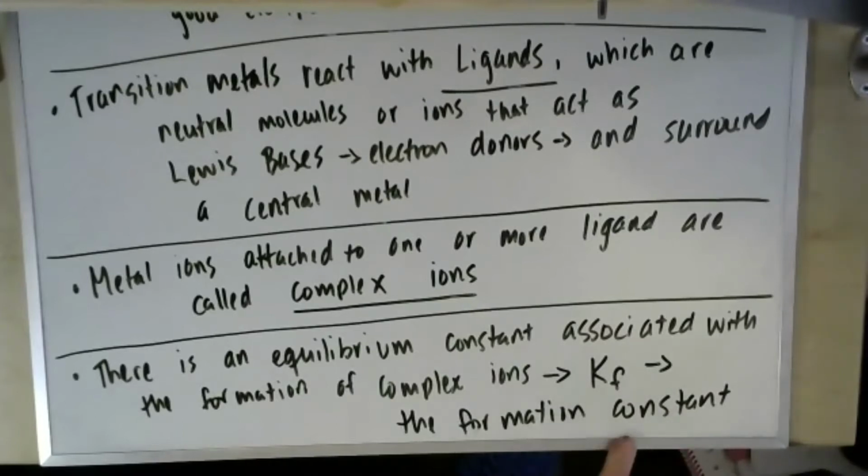Okay, and the formation constant is just another equilibrium constant, but this equilibrium constant is specifically associated with the formation of a complex ion. So how likely is it that a particular complex ion is going to form? The larger the Kf value, the larger the likelihood that that complex ion will form.